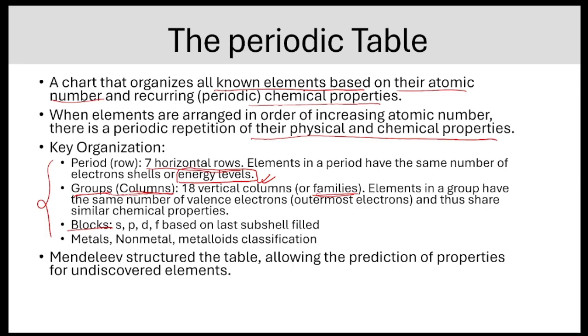Elements within the same column share very similar chemical properties, and they have the same number of valence electrons in the outermost shell. So within the same group, elements will have the same number of valence electrons.